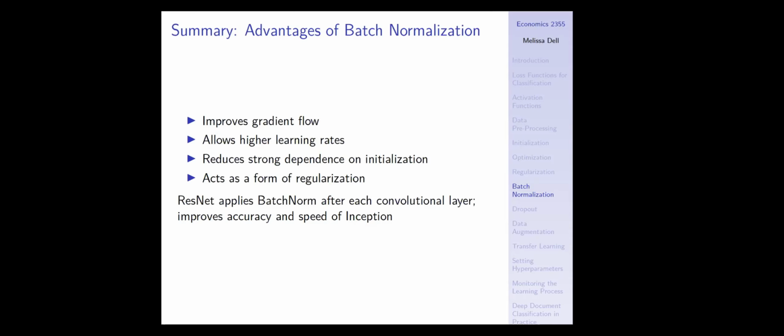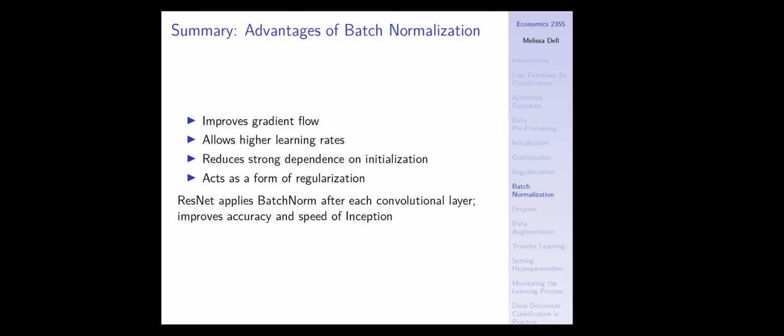So you have fewer problems of saturation, especially if you were trying to use something like tanh. It's going to reduce the problem of dead ReLUs because you're renormalizing in every layer, and it's going to act as a form of regularization, which is also helpful since it may undo other forms of regularization.